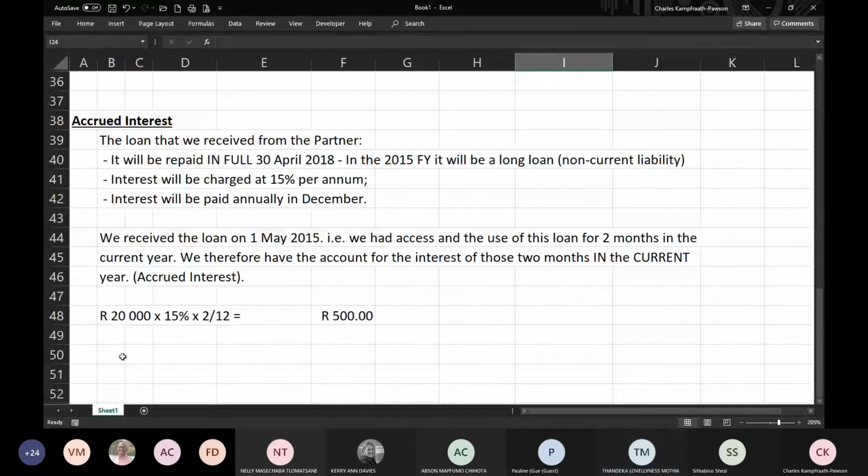Okay. So I'm just going to make a short note there. So long-term loan.